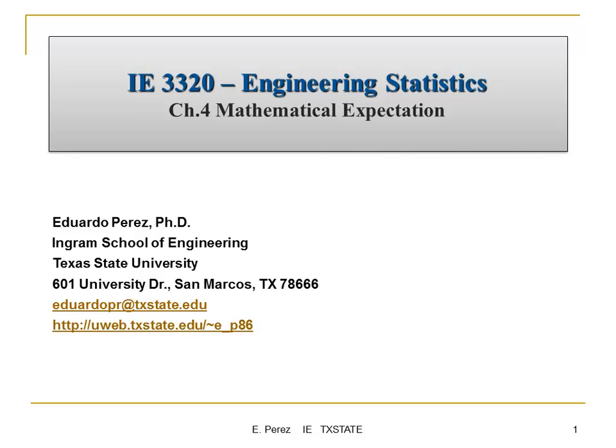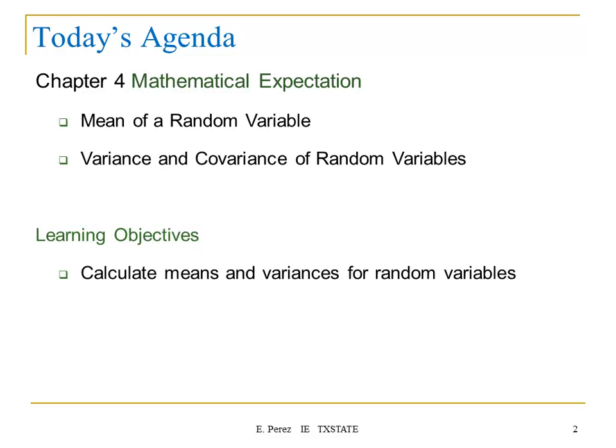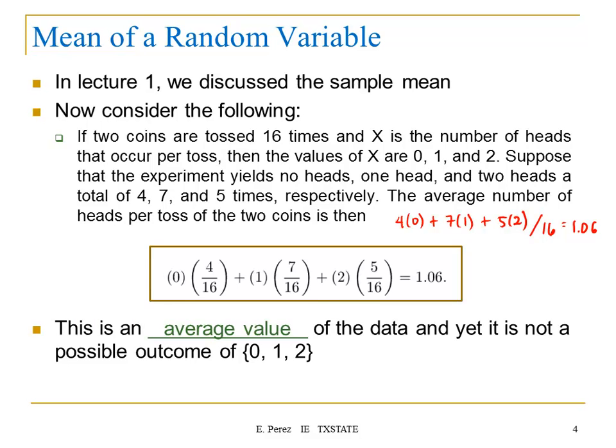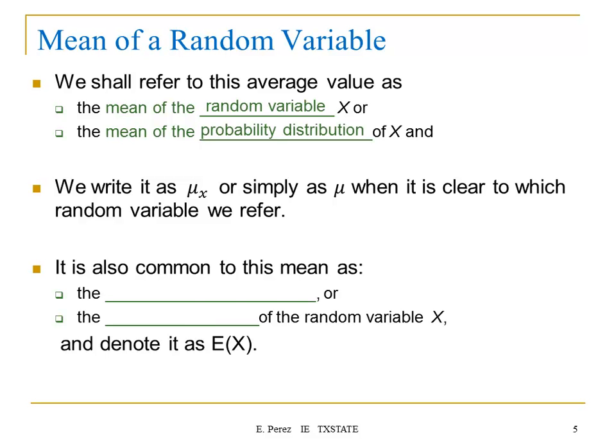Okay, so the last thing we did on Monday was to start talking about the mathematical expectations for random variables. And in this lecture, we are focusing on two things. The first one is the mean of the random variable, and the second one is the variance. So I believe we went through most of the material for the mean.